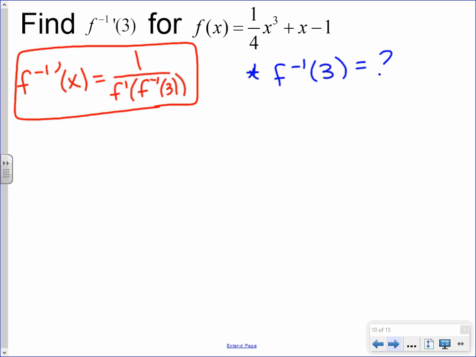How can we figure that out? How can we figure out what f inverse of 3 is? Can our function help us? Okay, if 3 is the x value for our inverse, then 3 is what for our function? Y. So we need to know when 1/4 x cubed plus x minus 1 equals 3.